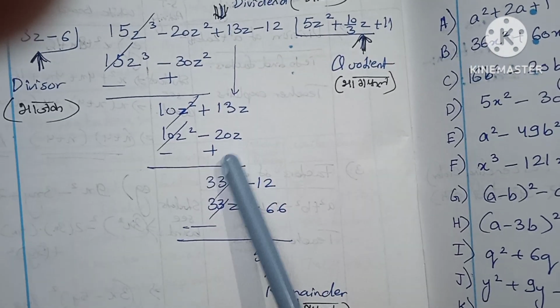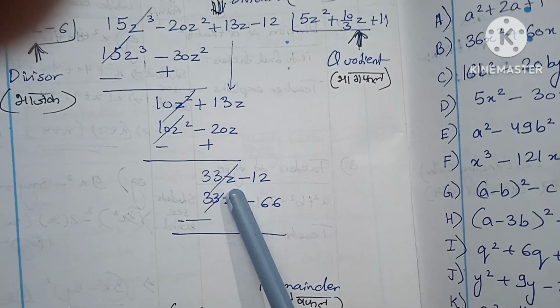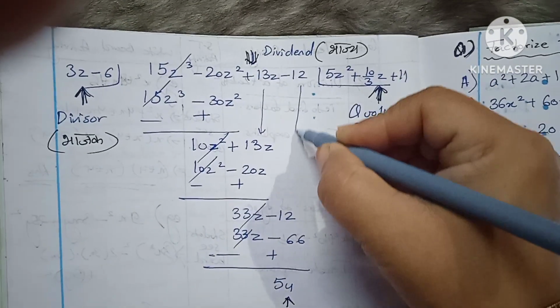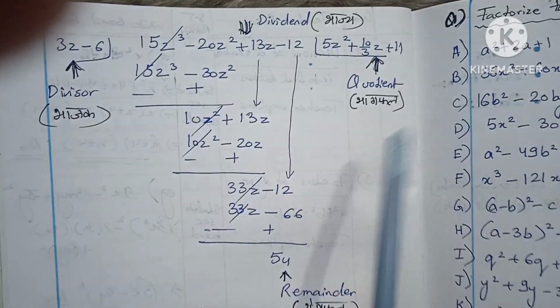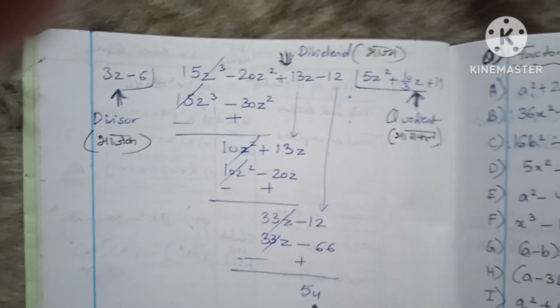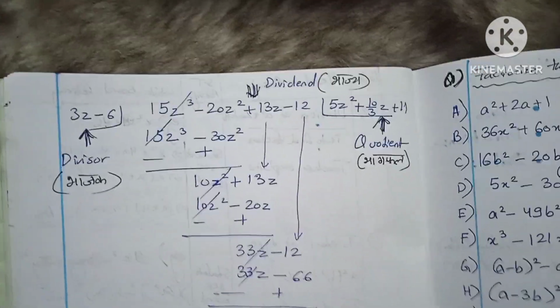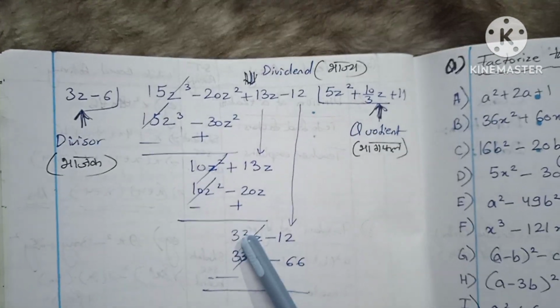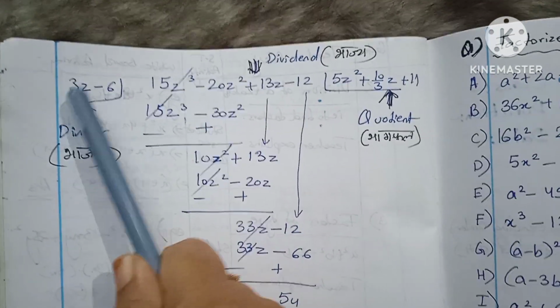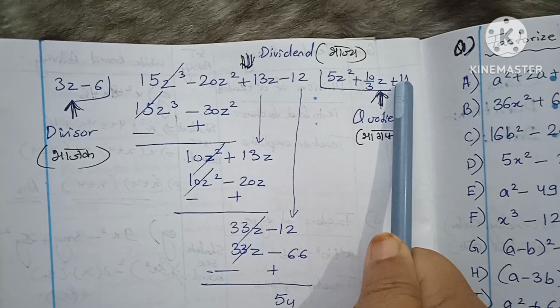Now solving this, we get 33z. The 12 was still remaining, so now this comes down. Now we have z here, and z here also. So we have to multiply by some number to get 33z. I have multiplied this by 11.